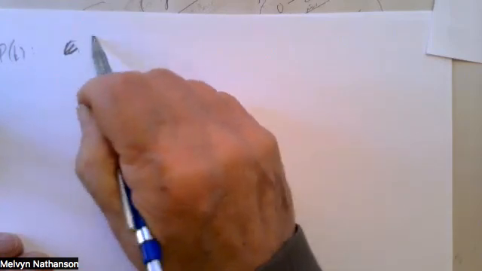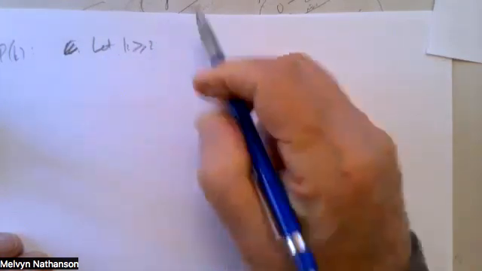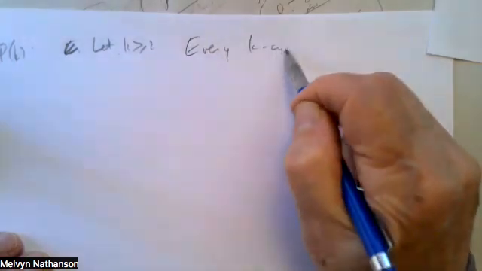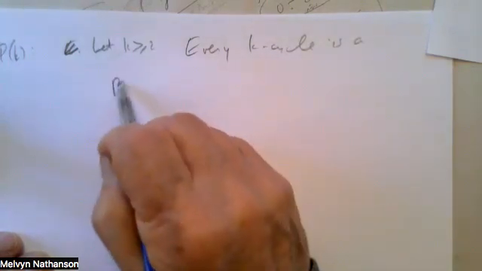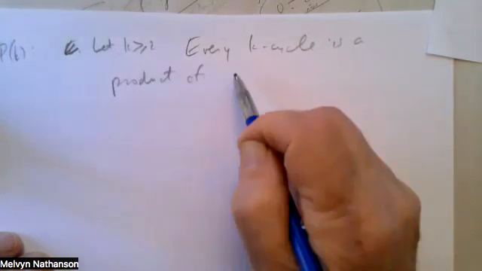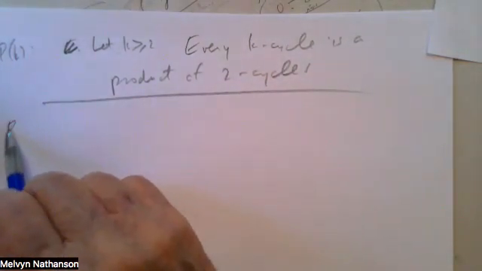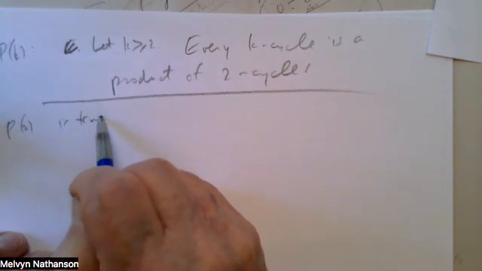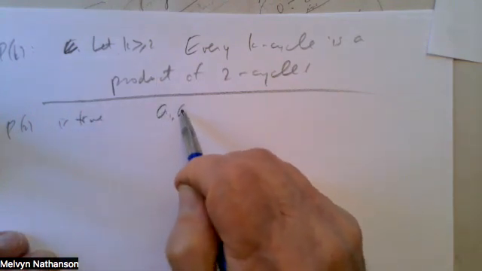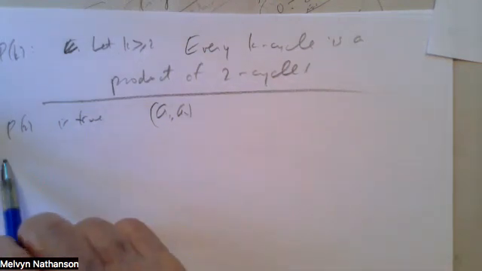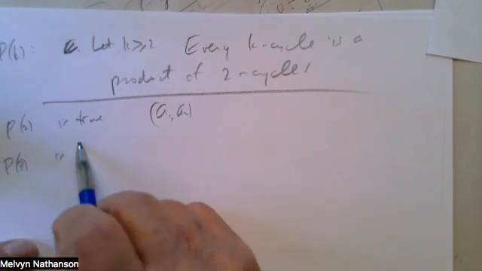So in our case, what is our proposition P of K? For K equal to or greater than 2, P of K is the statement, the proposition, that every K cycle is a product of two cycles. So P of 2 is true, namely (A1 A2) is a 2 cycle, so it's a product of one 2 cycle. And I proved that P of 3 is true.